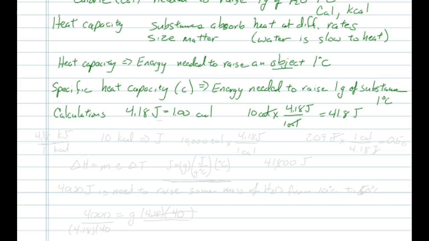If you have 2.09 joules, 4.18 joules is 1 calorie, joules cancel, so that would be 0.5 calories. If you have kilojoules to kcals, the calories cancel out, so you can use 4.18 with joules and 1 for kcals, because 1,000 times bigger, they cancel out.